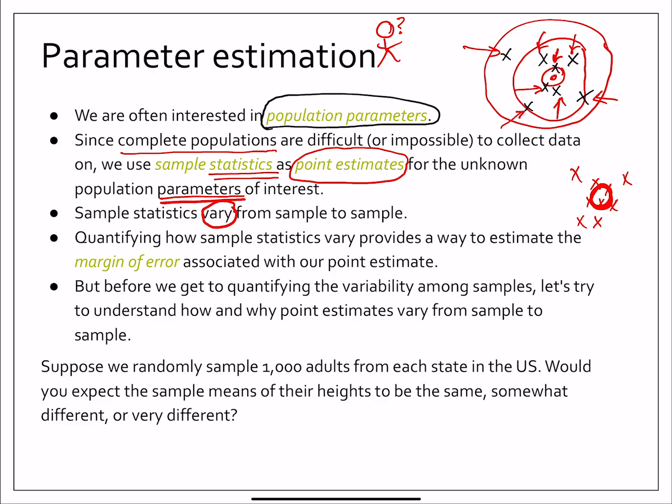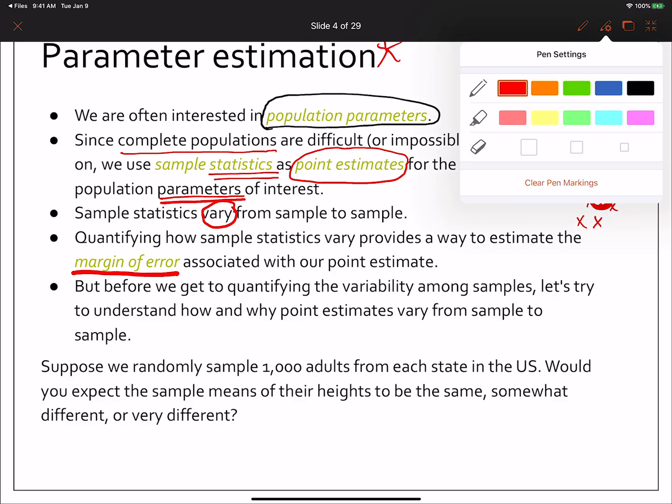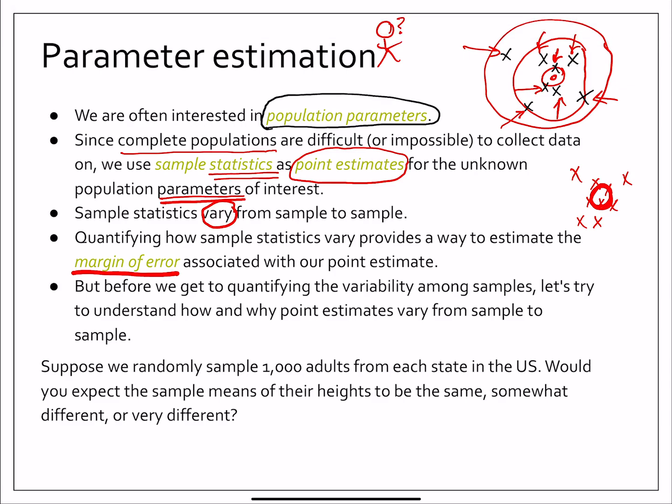And when we do those sampling statistics, we get basically what's called a margin of error. And that margin of error is basically what is telling us how accurate our point estimate will be.